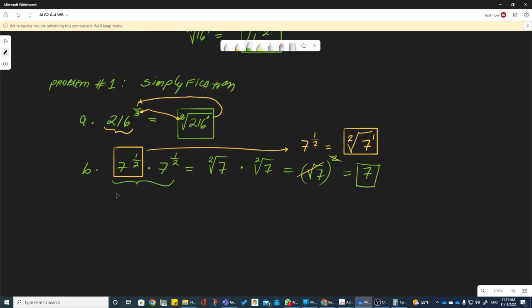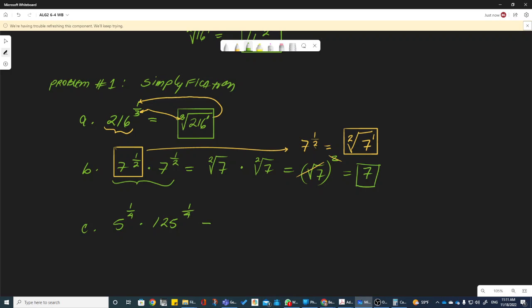Let's do one more for safety measurements. Letter C, you got 5 to the power of 1 over 4 times 125 to the power of 1 over 4. Okay?